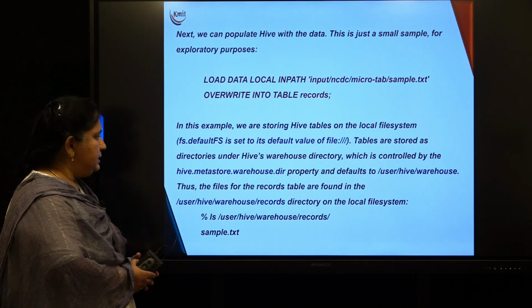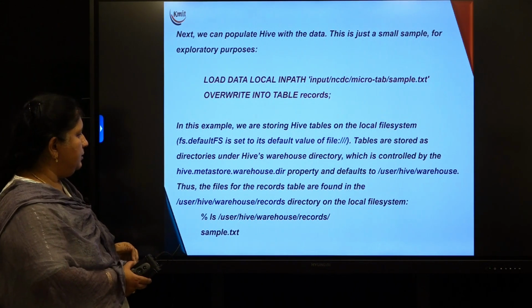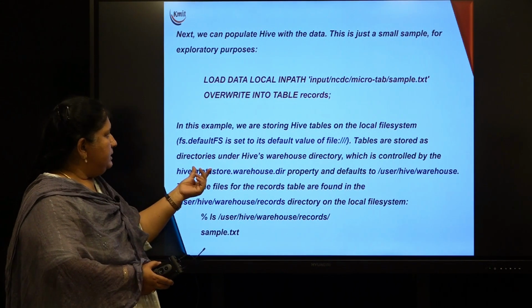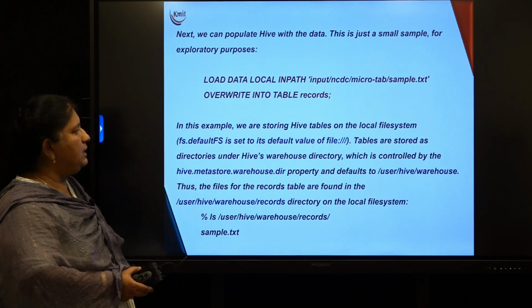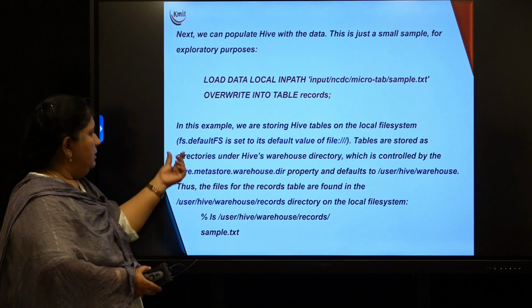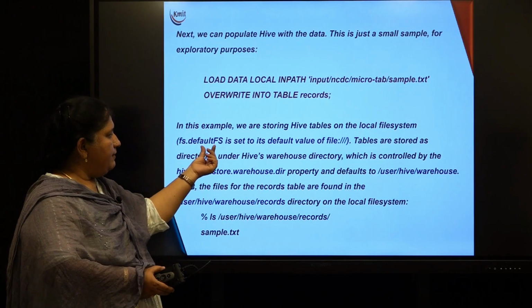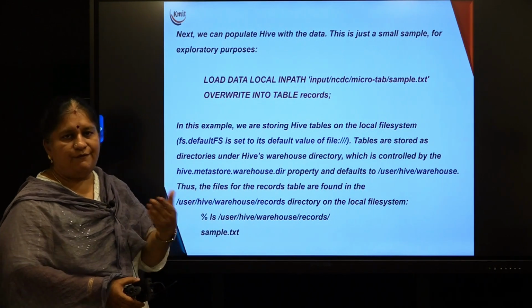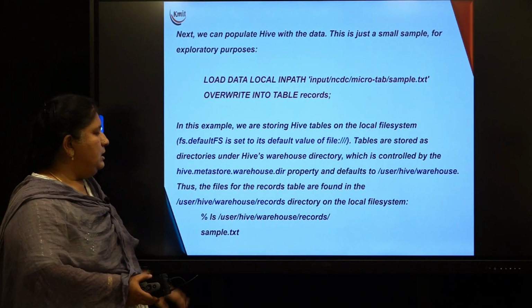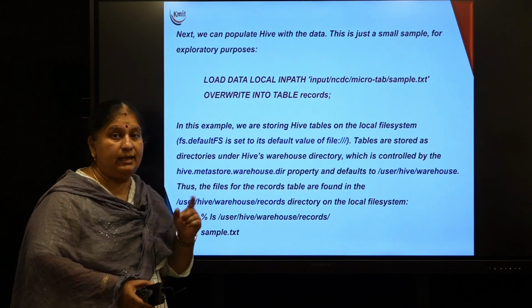Now I want to see, after this statement is executed, try to understand. In this example, we are storing Hive tables on the local file system. fs.default.fs is set to the root directory in the file system. So tables are stored as directories.